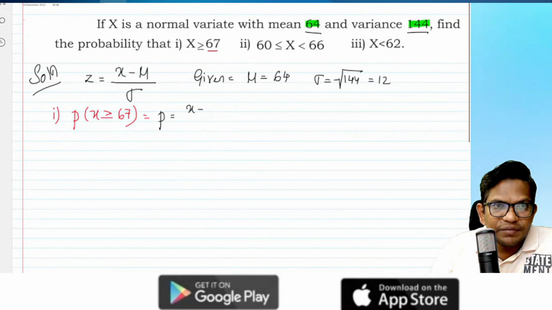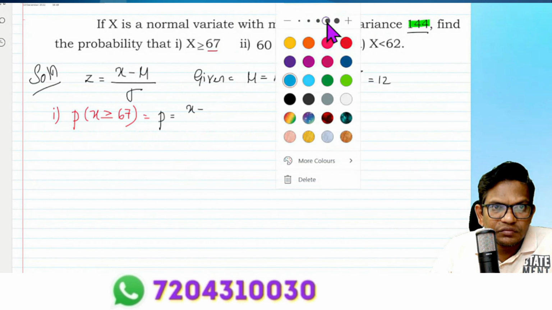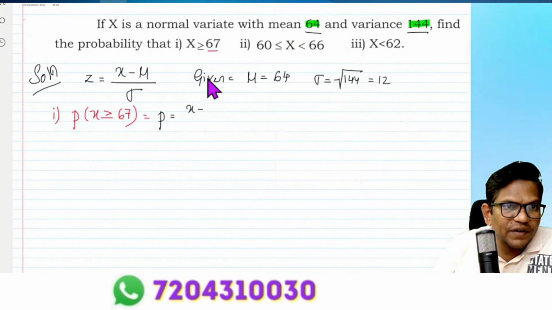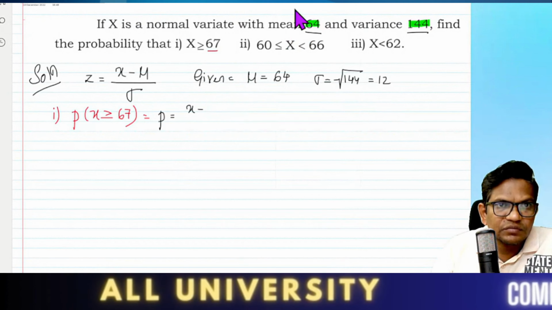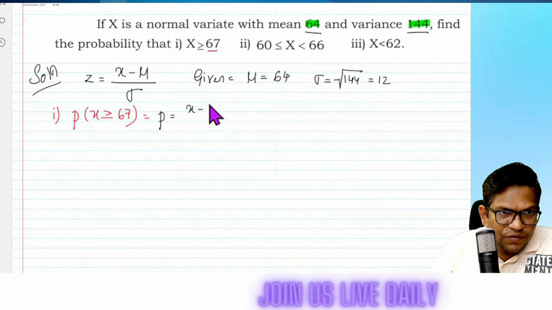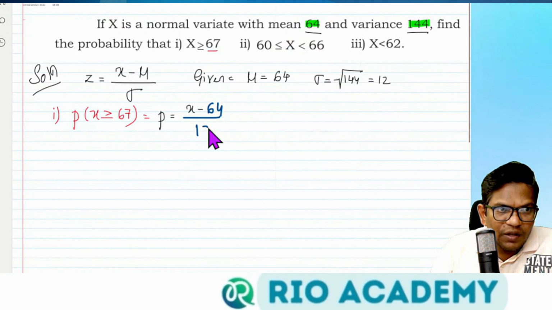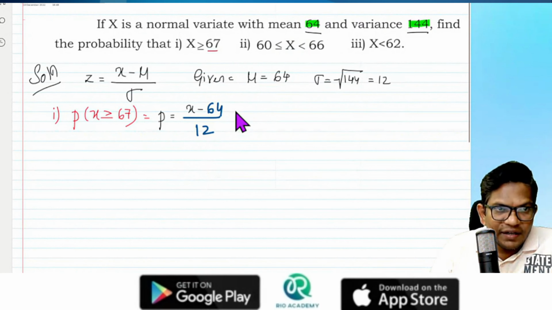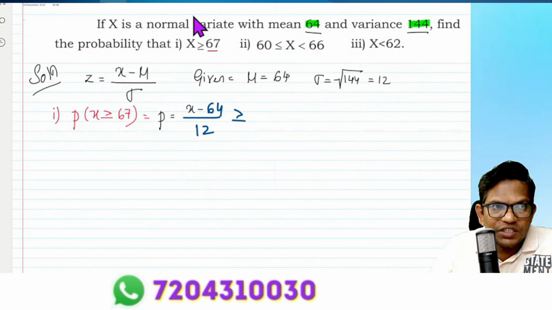Mu is 64, divided by the standard deviation, which is 12.